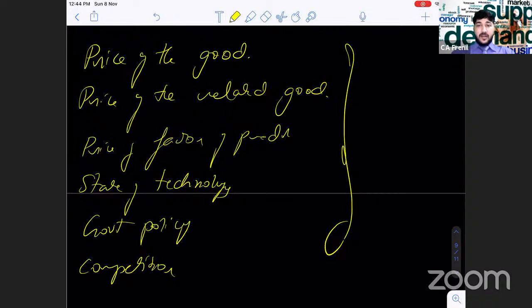Next, there is price of factors of production. Factors of production means land, labor, capital, organization. We already know that. If your labor prices are increasing, then the cost of production will increase. A rise in the price of a particular factor of production will cause an increase in the cost of making those goods that use a great deal of that factor, relative to those that use a relatively small amount of it.